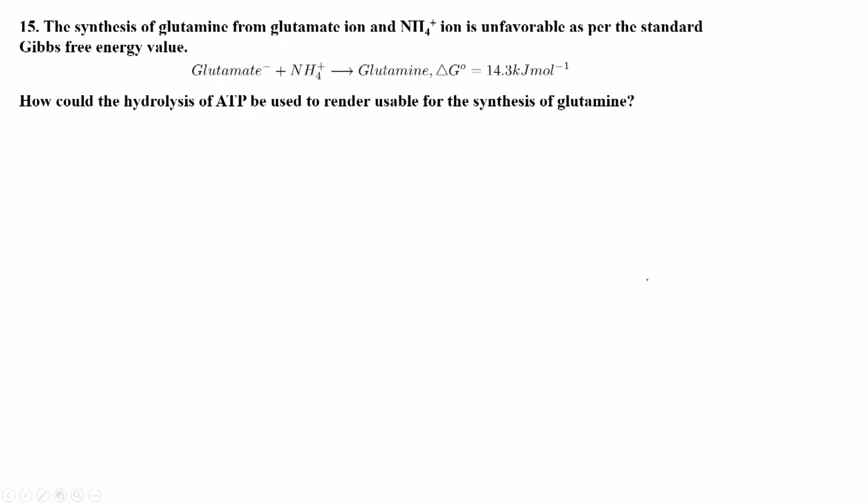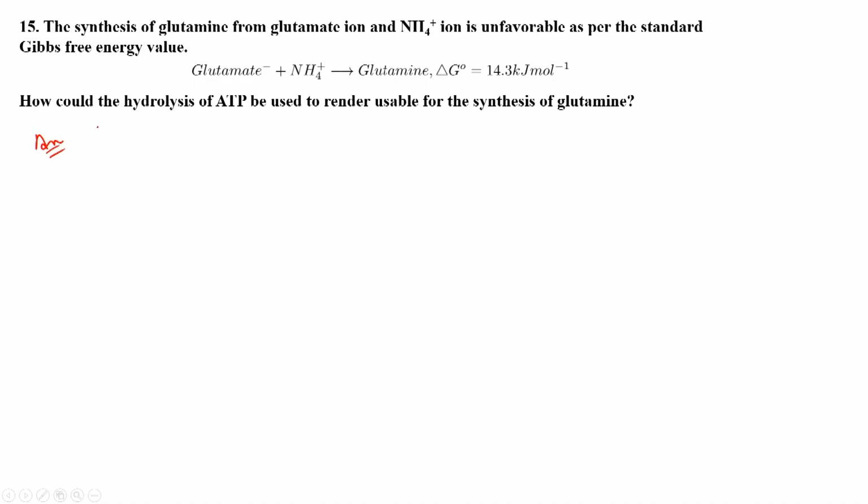We move to problem number 15. It says the synthesis of glutamine from glutamate ion and NH4 plus ion is unfavorable as per the standard Gibbs free energy value. So, glutamate reacts with NH4 plus gives glutamine and delta G naught value is given. How could the hydrolysis of ATP be used to render usable for the synthesis of glutamine? Okay.